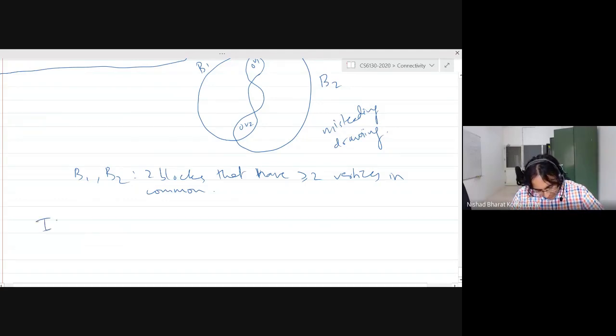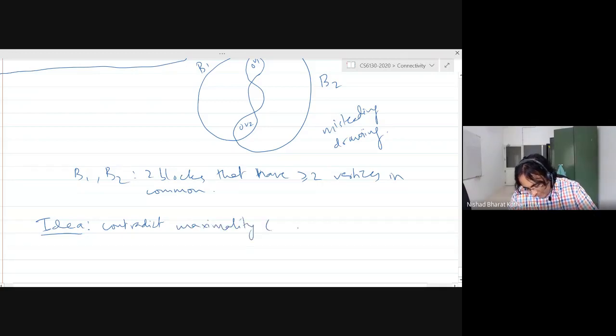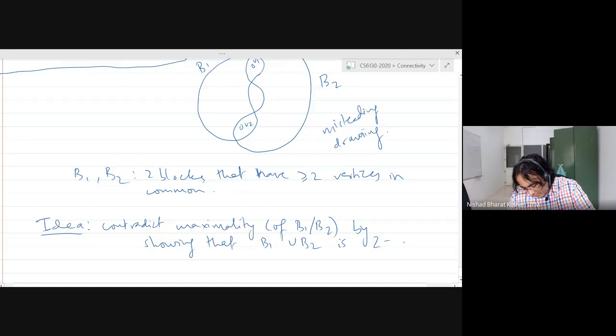So the idea is to contradict maximality of B1 and also of B2 by showing that B1 union B2 is 2-connected.